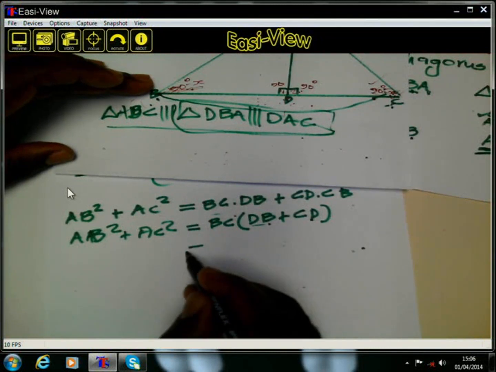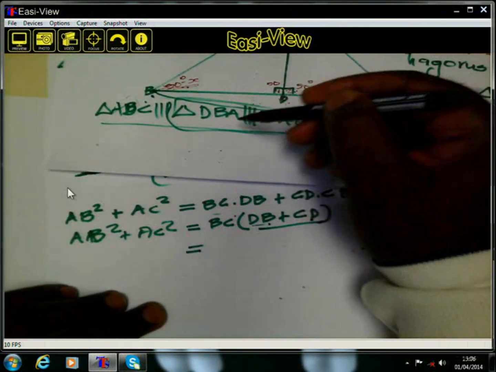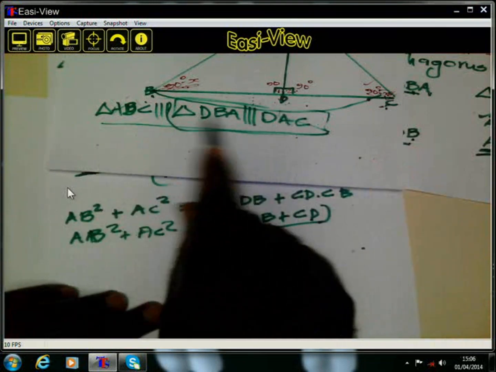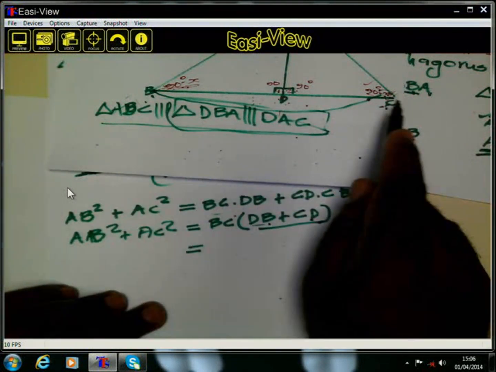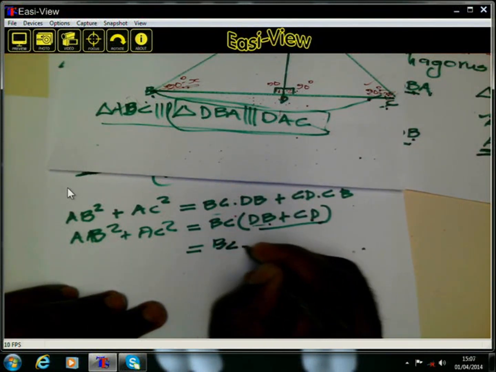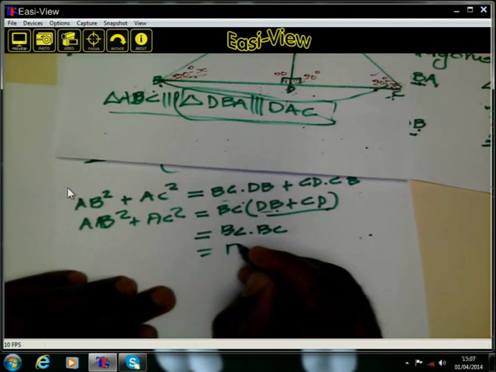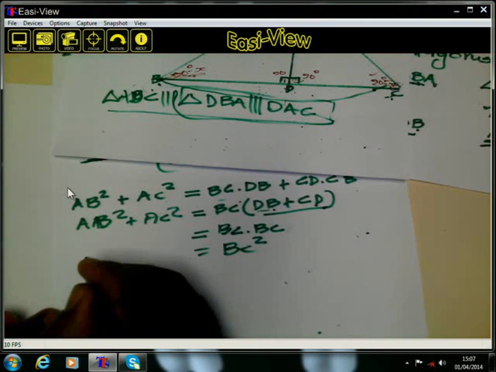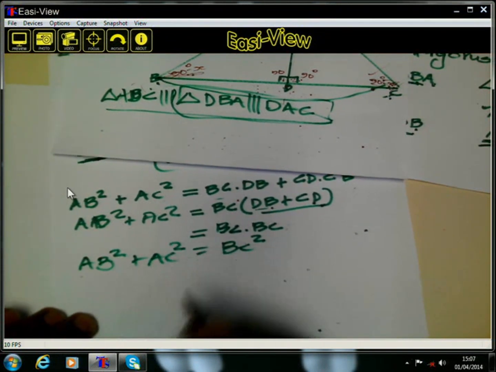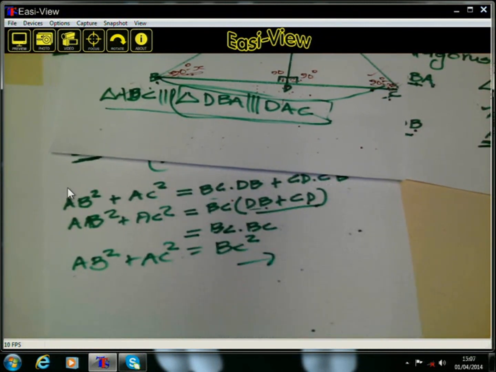So in essence, these are the smallest sides which make up side BC. Because for you to have BC, you must add BD to DC or to CD. So it means you're having BC multiplied by BC. BC multiplied by BC is BC squared, which is actually the theorem of Pythagoras. So by so doing, it means we have proved Pythagoras theorem.